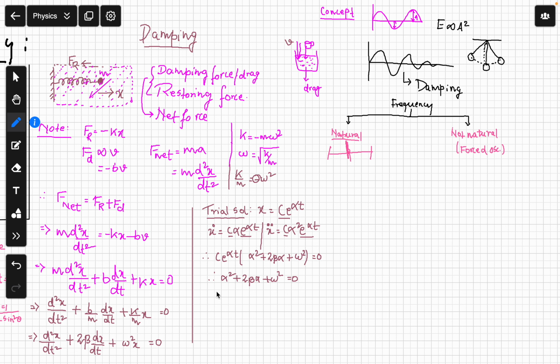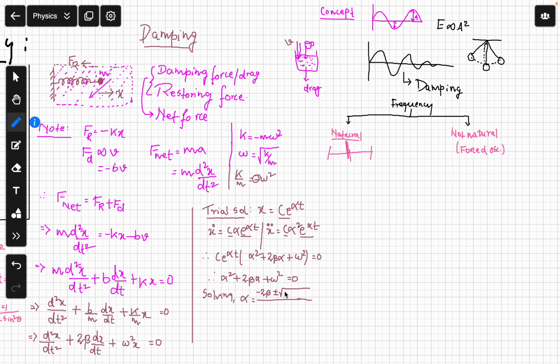Now you can easily solve it for alpha by using the quadratic equation formula. This alpha is equal to minus b, so we have got it here as 2 beta, so I will take minus b as minus of 2 beta, plus minus root over b square minus 4ac.